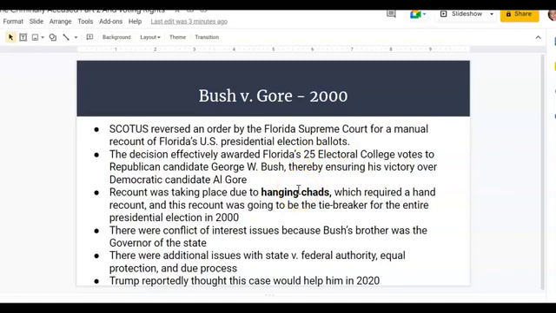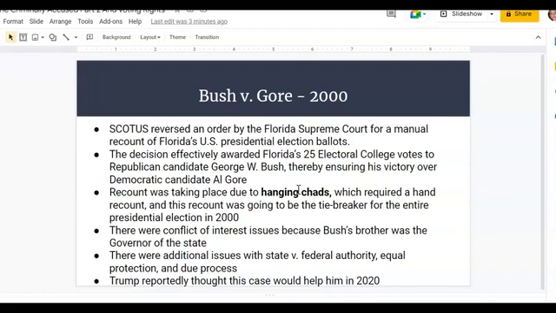So the Florida Supreme Court was working its way through that and said we have to do a manual recount, an inspection in the certain area of Florida that's going to be the tiebreaker count for all these electoral votes.